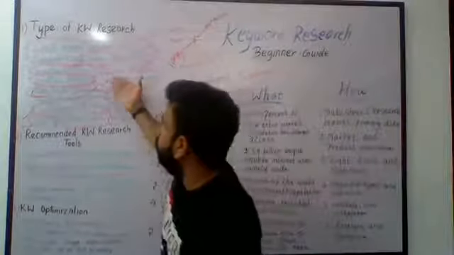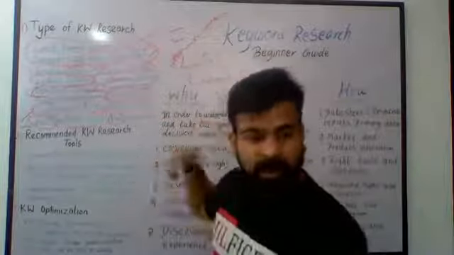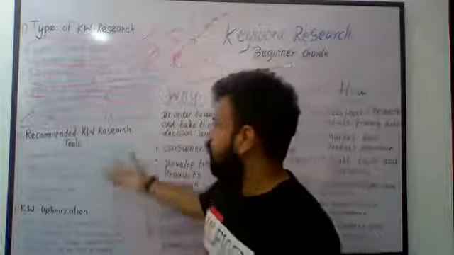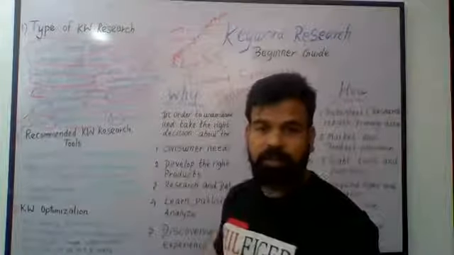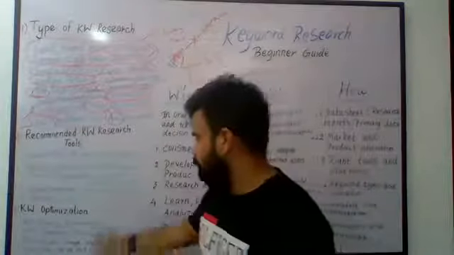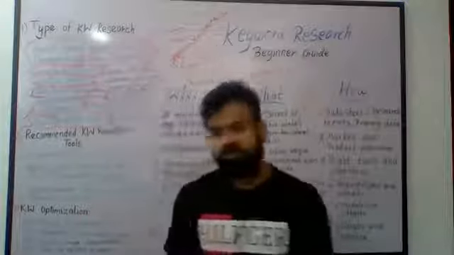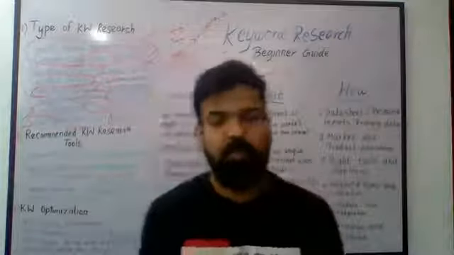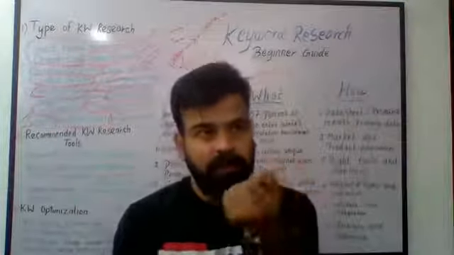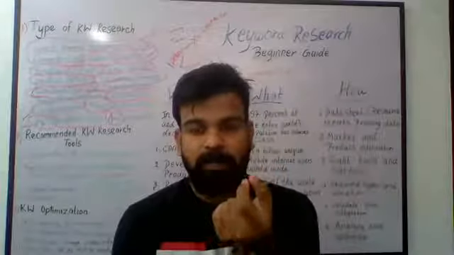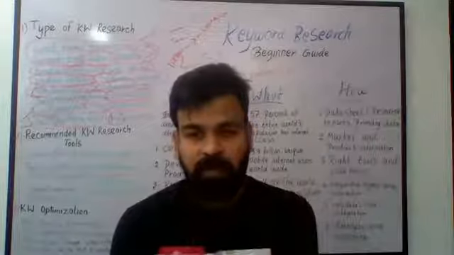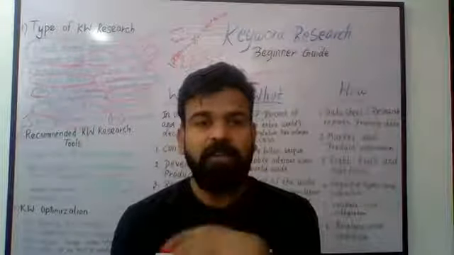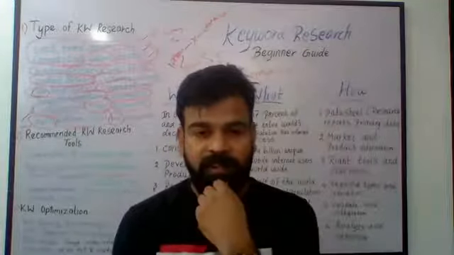We learned about types of keywords and the best tools for keyword research. And finally, how to optimize your web pages. Today we covered blog post optimization. Corporate site optimization is entirely different, and an e-commerce portal's optimization is also entirely different.